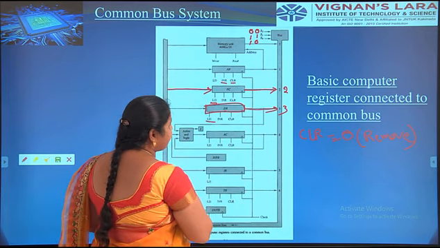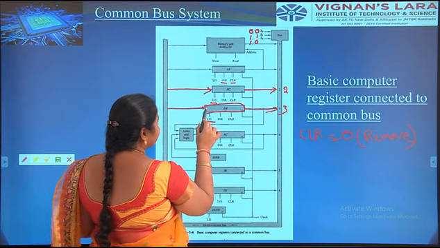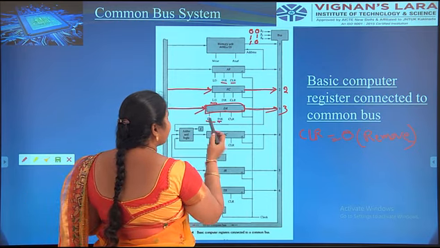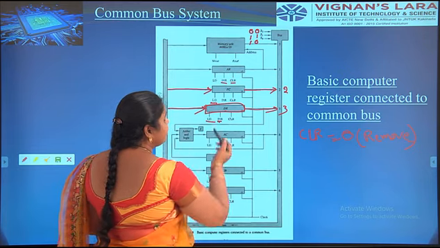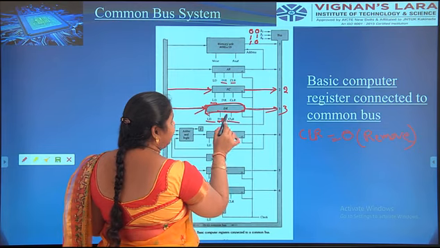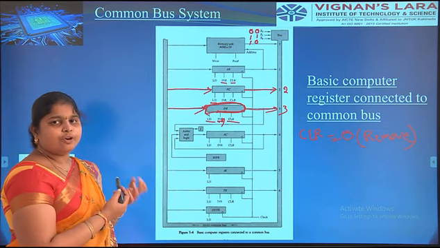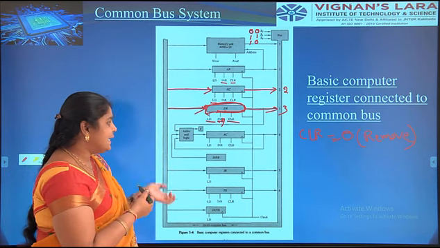Here load is enabled for further calculations, and the content is transferred to the DR. Here INR means incremented by 1. The data register data is incremented by 1. Clear means it is equal to 0. The content of information in DR will be deleted.